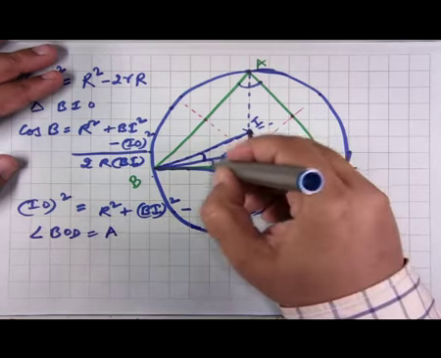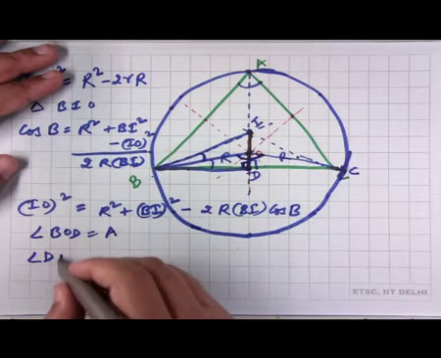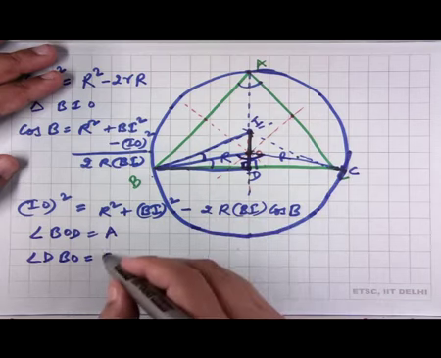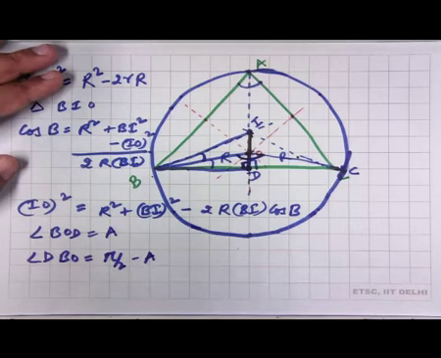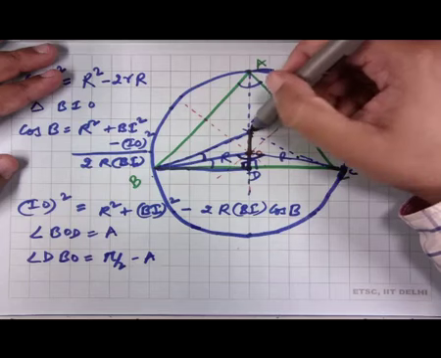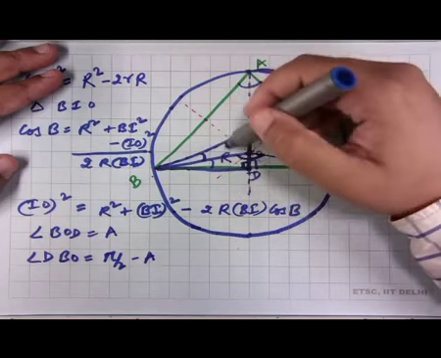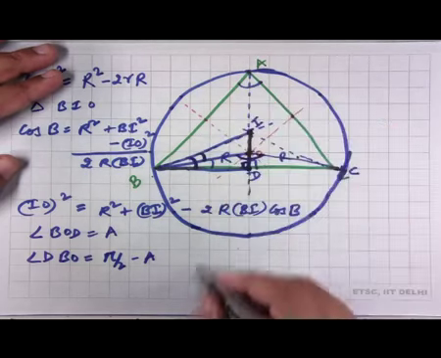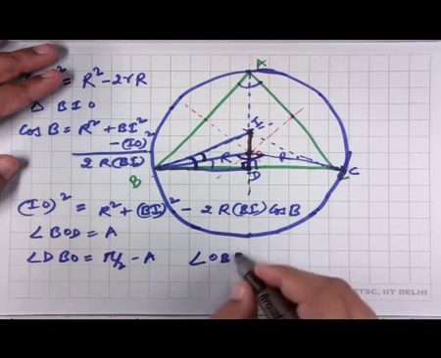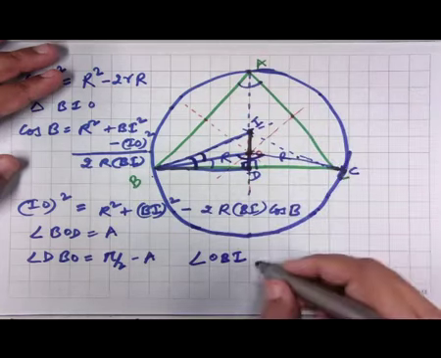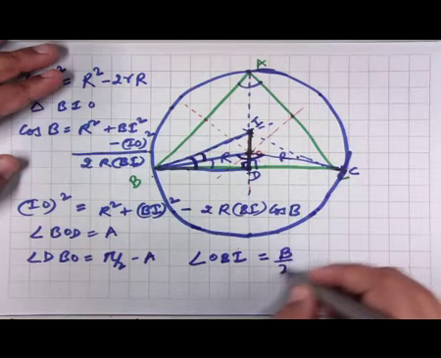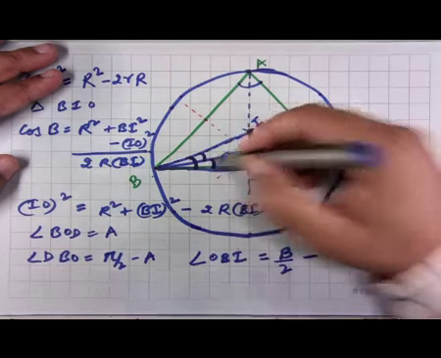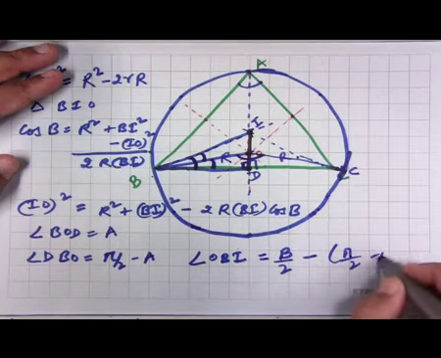And hence, angle DBO will be equal to, since this is 90 degrees, pi by 2 minus A. Since this line BI is an angular bisector of angle B, this entire angle is B by 2, and therefore this little angle OBI of the triangle OBI is equal to B by 2 minus angle DBO. So, it is B by 2 minus pi by 2 minus A.